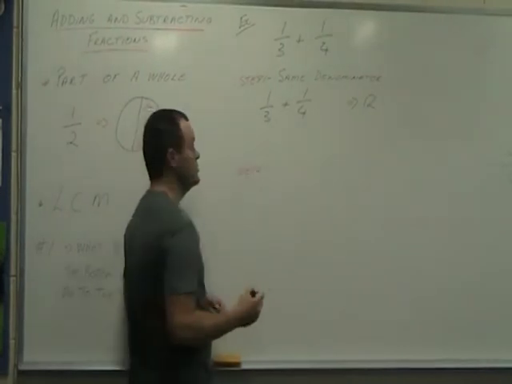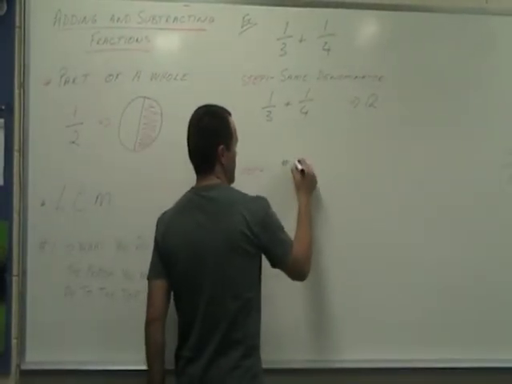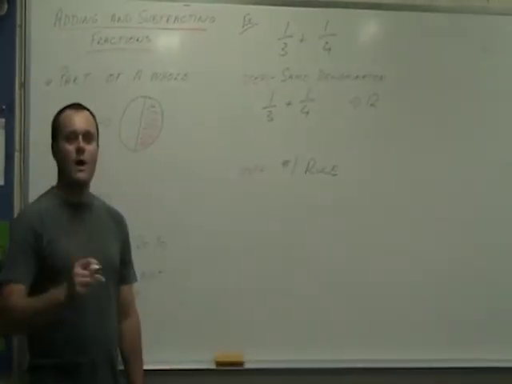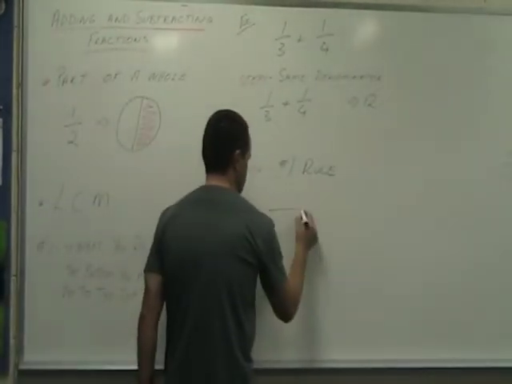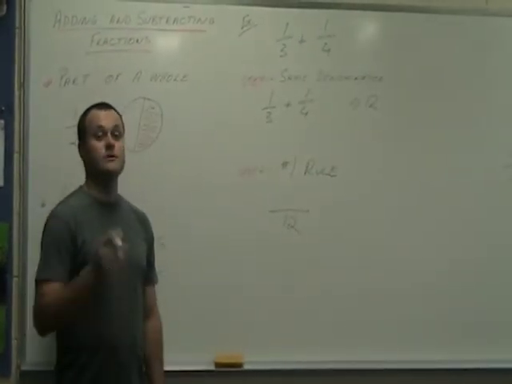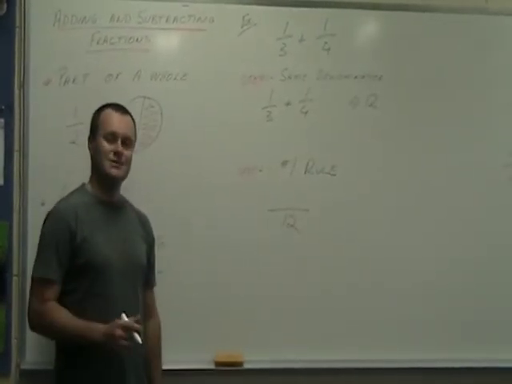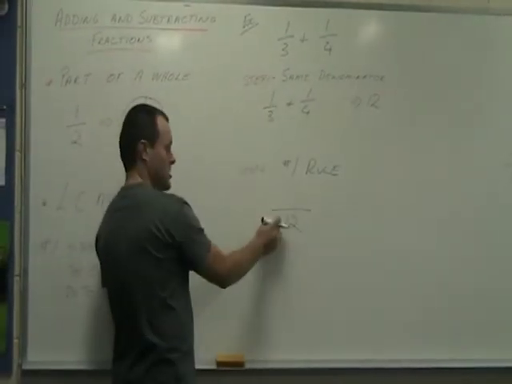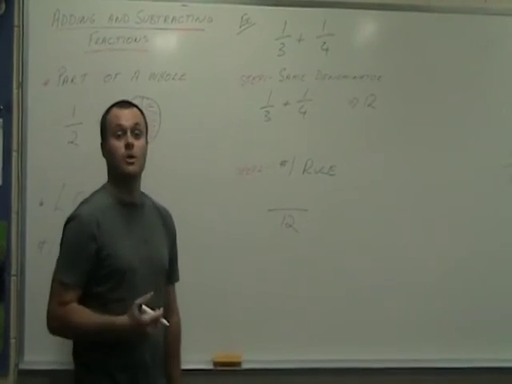My step 2 is I need to do the number one rule. And we're doing it over 12. The number one rule is what you do to the bottom, you must do to the top. So what did I do to 3 to turn it into 12? I multiplied it by 4.